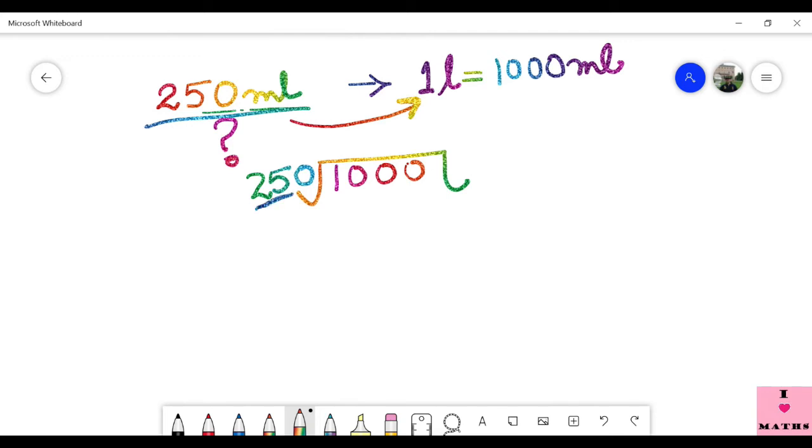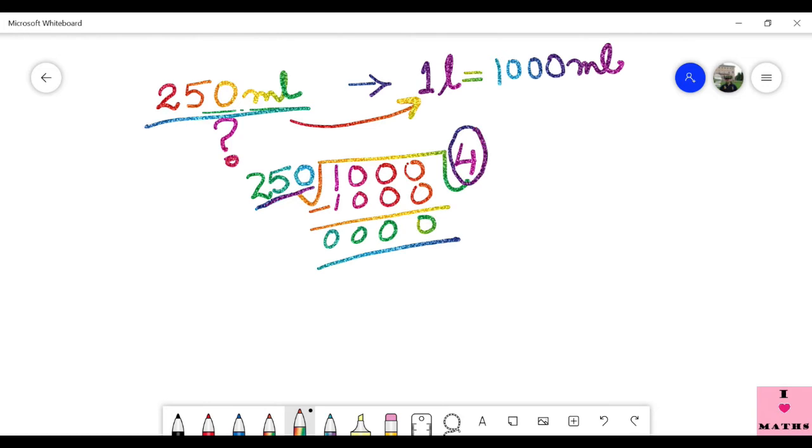Now we know the table of 25, so we can make the table of 250. Since 25 fours is 100, so 250 fours is 1000. So we need 4 bottles of 250 milliliter to fill up a 1 liter bottle.